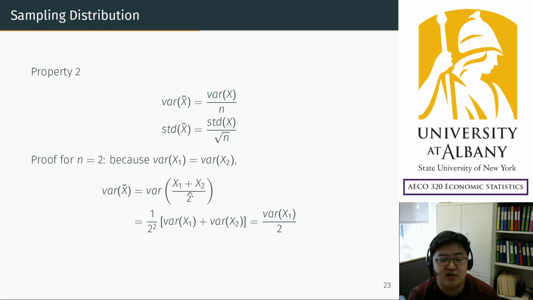And you may do the same thing. So remember, when you multiply something inside the variance, it becomes squared when you move it out of the variance. That's the key part here. So actually you are multiplying by 1 over 2 here. The dividing by 2 is multiplication by 1 over 2.